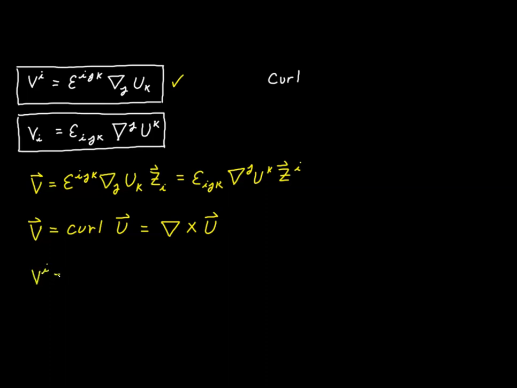Vi is equal to epsilon ijk, but this time instead of expressing the covariant derivative this way, let's expand it out to its meaning. And to take the covariant derivative of uk, of course we start with the partial derivative of uk with respect to zj.